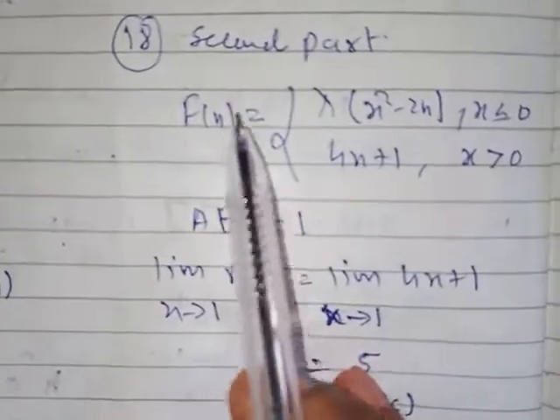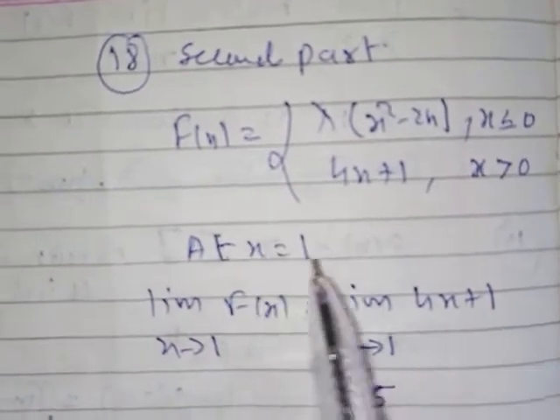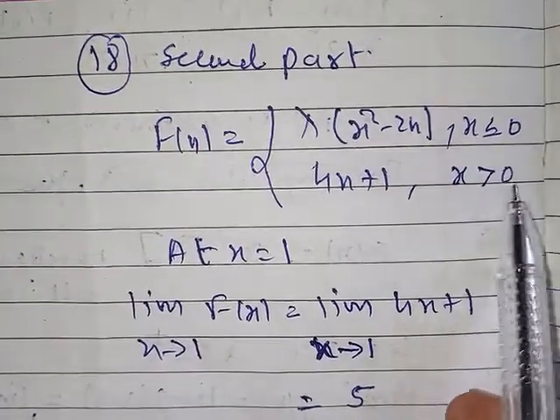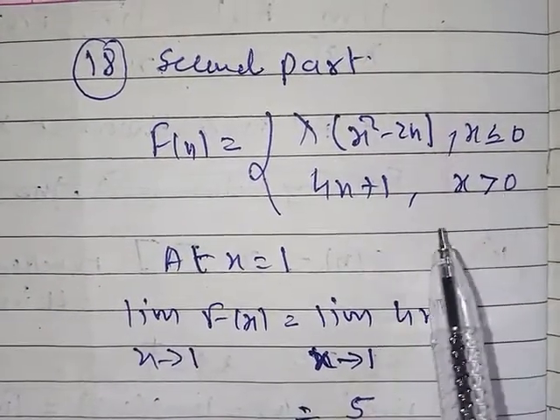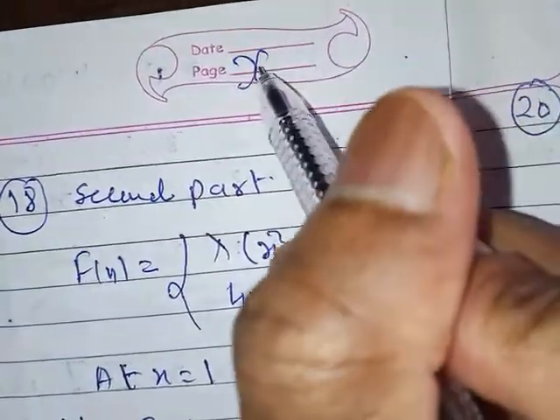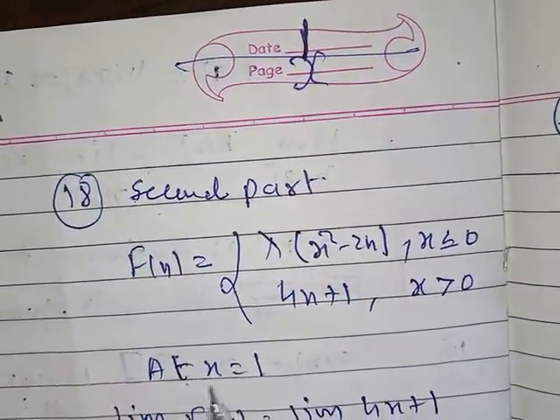Now let's check it for x is equal to 1. At x is equal to 1, where is the function defined? If you draw this, x is equal to 1.